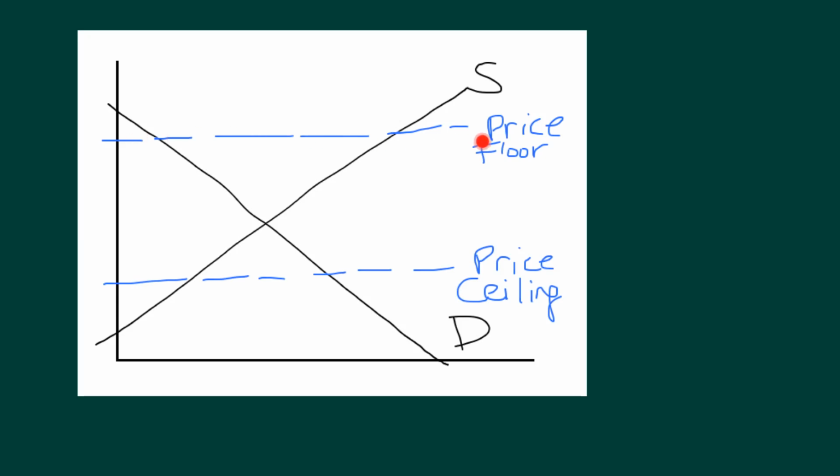When you have a price floor, you have yourself above the equilibrium price, which should be here. Anytime the market is out of equilibrium, in this case above the market equilibrium, you have quantity being supplied here and quantity being demanded here. So you've got a huge surplus. And that would give the sellers an incentive to lower the price, to try and clear their surplus.